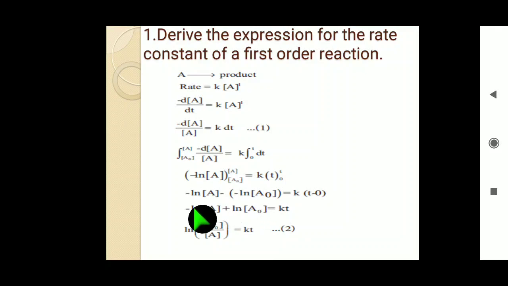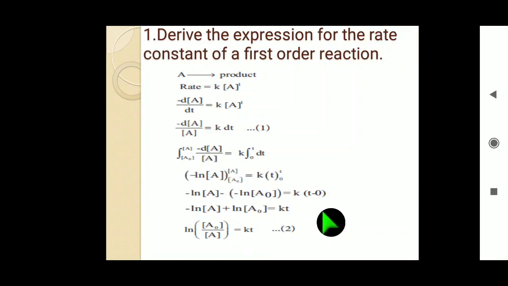Okay. So next step, minus ln A plus ln A0 equal to kt. So how to write? Here plus ln A0 minus ln A. So simplify, ln A0 divided by A equal to kt.